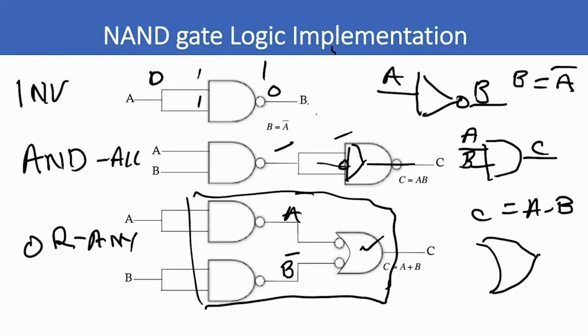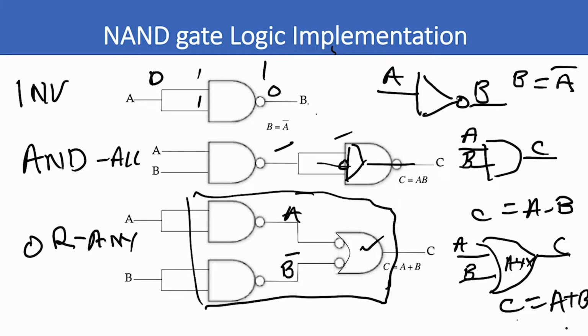So this is a NAND gate implementation of an OR gate, where you have inputs A, B, and C. So that's an OR gate or an ANY. So the output C is equal to A plus B.